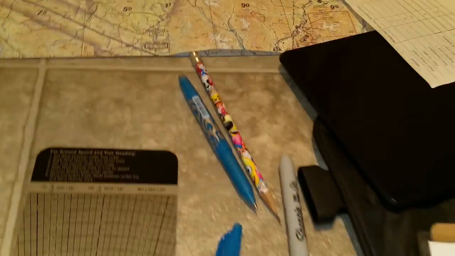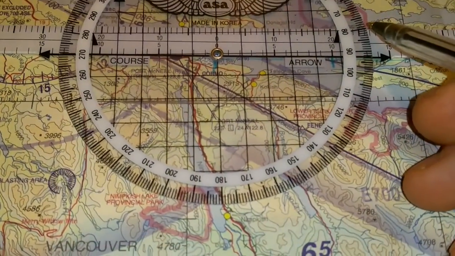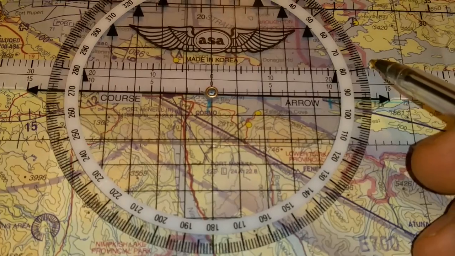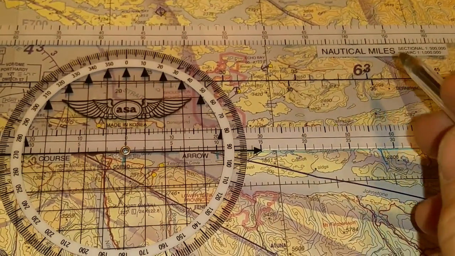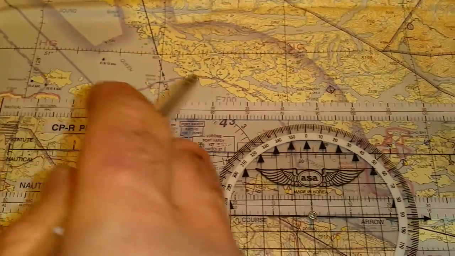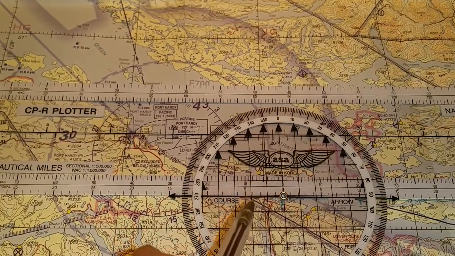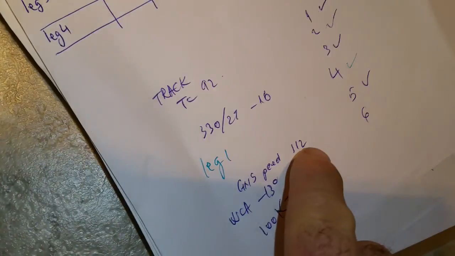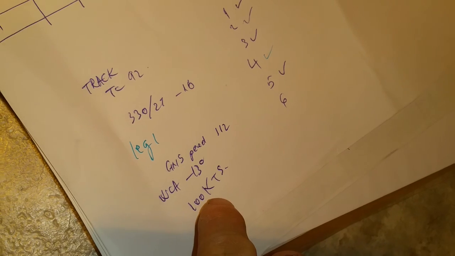Let's see what 79 shows me here. 79 is this number here. So I need to point the nose of the airplane something like that in order to compensate for the tailwind, the wind from this angle at 27 knots. And my ground speed is going to be 112, which is higher than 100 knots.